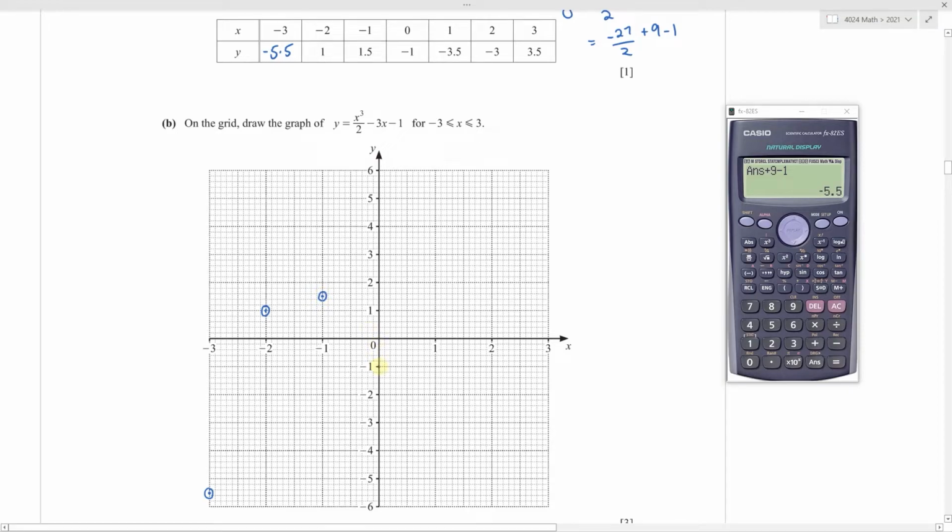0 and minus 1. 1 and minus 3.5 will be here. 2 and minus 3. And then 3 and 3.5. 3 will be here and 3.5 is here in the middle. So these are the points. Now we will try to join them through a smooth curve.